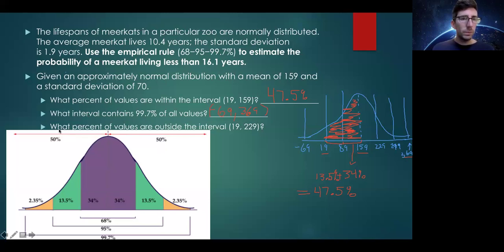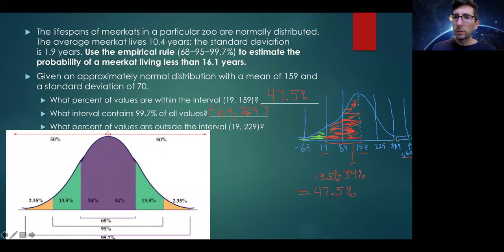Okay, so now it wants to know what percent of values are outside of the interval 19 to 229. All right, so the percent of values outside of 19 to 229 would be in this green shaded area.